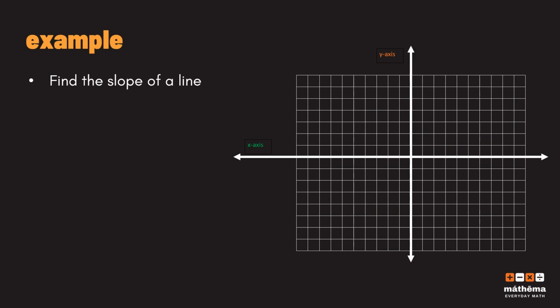Now try this one. Find the slope of this line. You can make use of the rise over run, or you can make use of the two-point method. Alright, this will be the solution. Using first the rise over run.